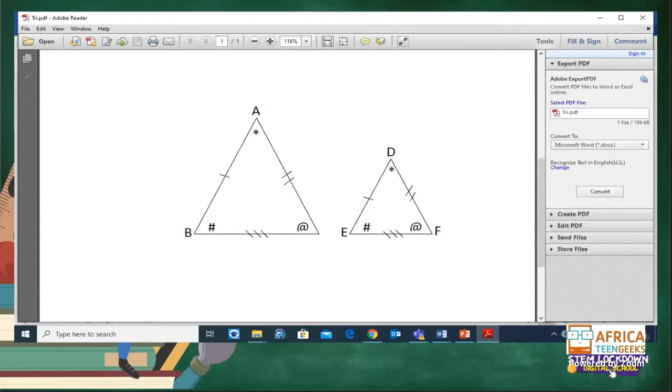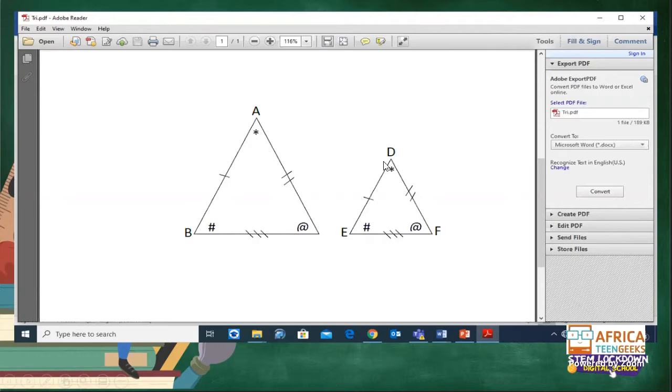B and E, A and D, F and C as well. Yes, the two triangles are similar because the corresponding angles are equal.